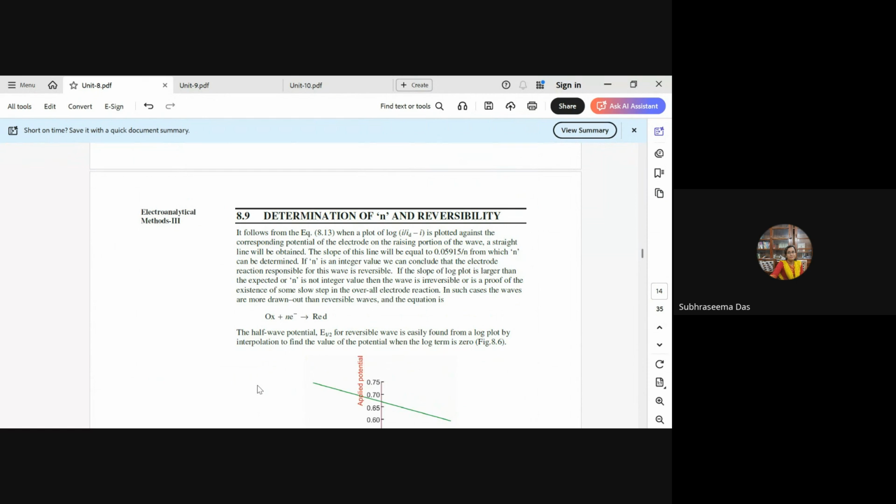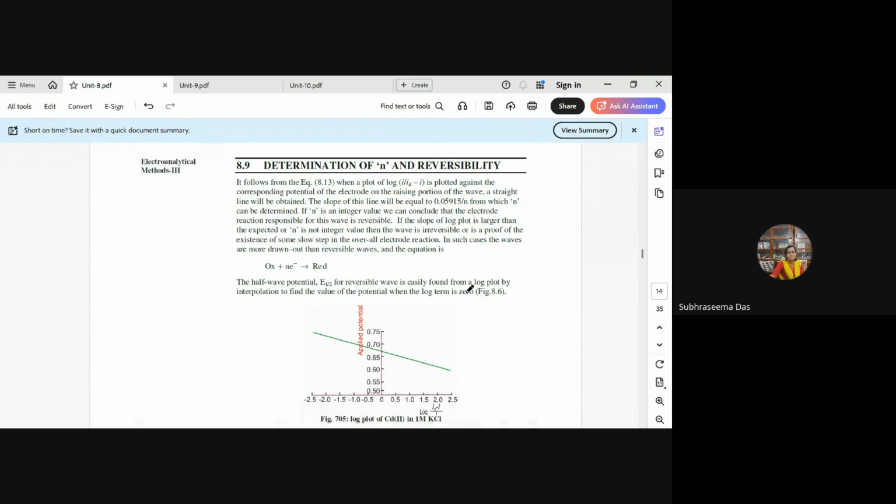So now coming to determination of n and reversibility. It follows from equation 8.13 that when a plot of log of i by id minus i is plotted against the corresponding potential of the electrode on the rising portion of the wave, a straight line is obtained. The slope of this line is equal to 0.059 by n, from which n can be determined.